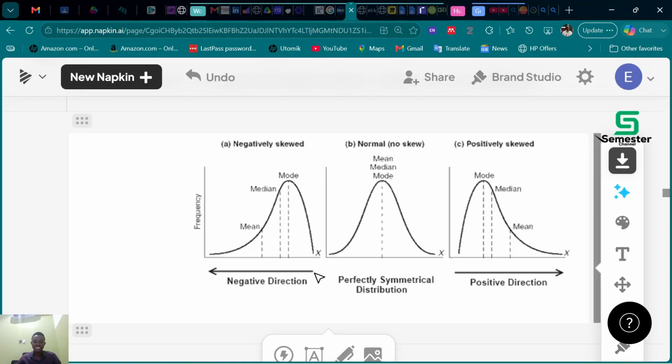Now when we have negatively skewed data, you can see that all of these central tendencies are shifting. The mean is closer to the negative side, the median is somewhere in the middle, the mode is somewhere outside. And so the statistical inferences you put out with skewed data, you could see that they are not really more precise.